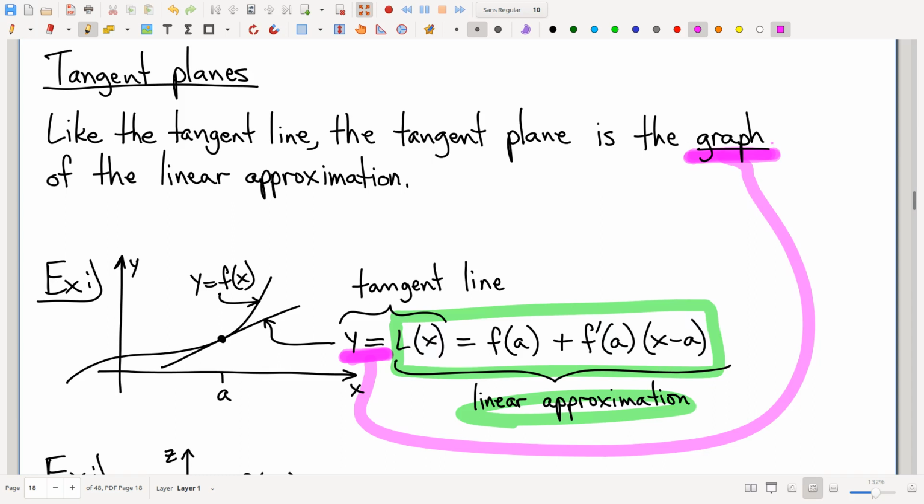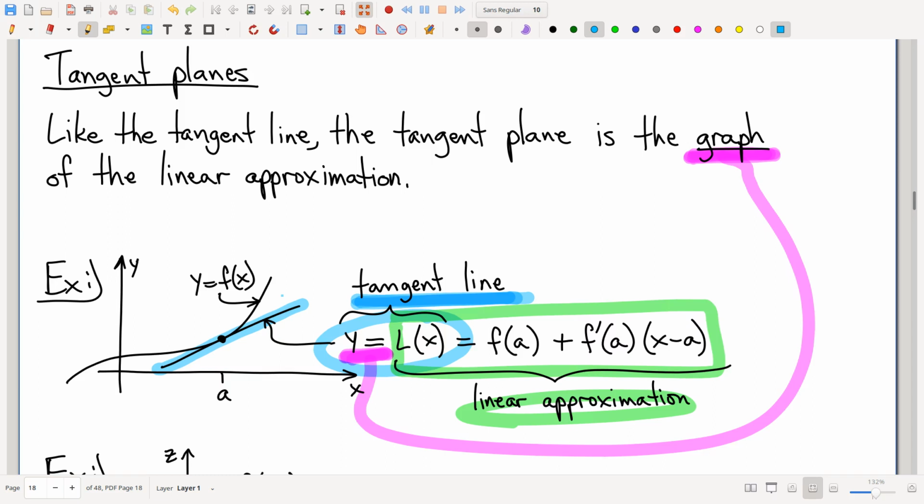The graph is what you get when you set that equal to a new variable, in this case y, giving you this equation, and that is the equation of the tangent line, which is a geometric object. The linear approximation is a function, it's an algebraic object. The graph is the tangent line, it's a geometric object. Everybody see the difference there? I know it's fussy, but it really matters.